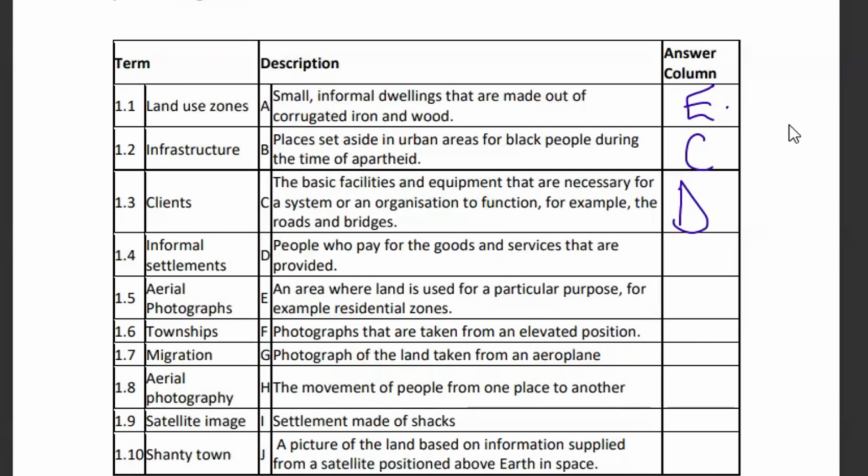Then 1.4, informal settlements. 1.4 is A. Small informal dwellings that are made out of corrugated iron and wood. Then 1.5, what are aerial photographs?